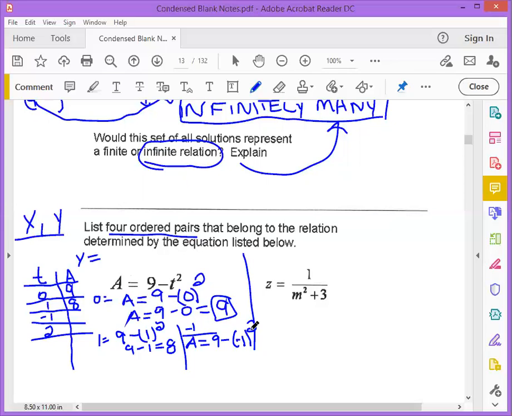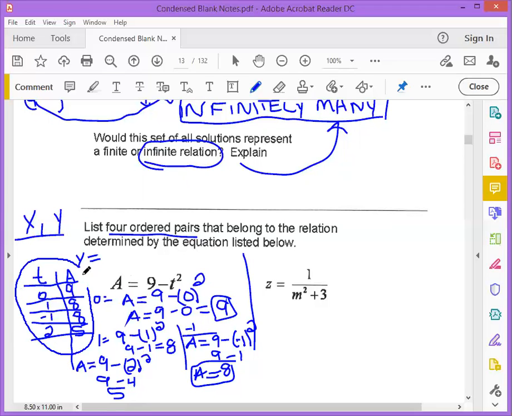And -1 squared, -1 times -1, is just +1. So we get 9 minus 1, or 8, again for a. And now when t is 2, we'll have a equals 9 minus 2 squared. 2 squared is 4. So a equals 9 minus 4, or 5. All right, so here we have 4 ordered pairs.